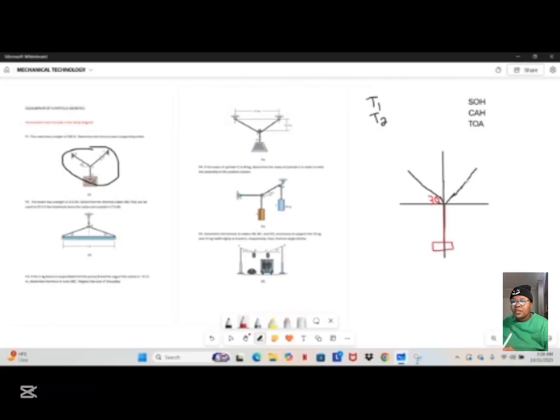Okay, in this one we're given this type of shape, a smaller triangle. We would use SOHCAHTOA to solve for the angle, but now we're not solving for the angle. So the hypotenuse is, okay, let's just draw this thing first.